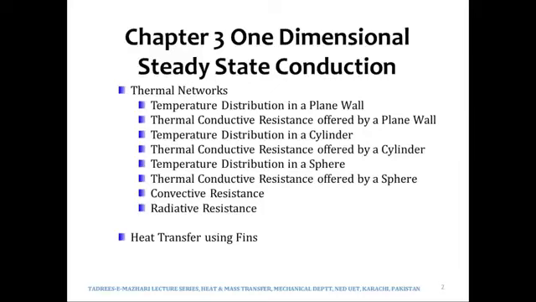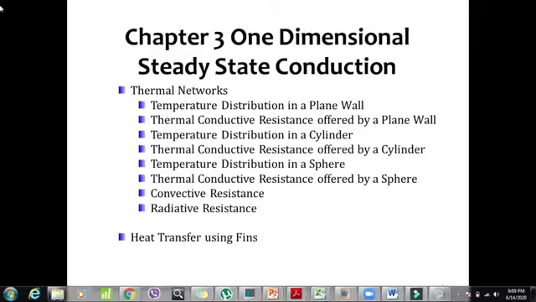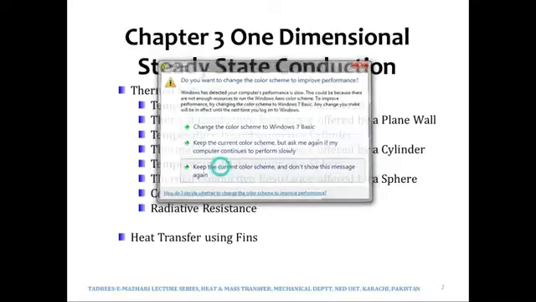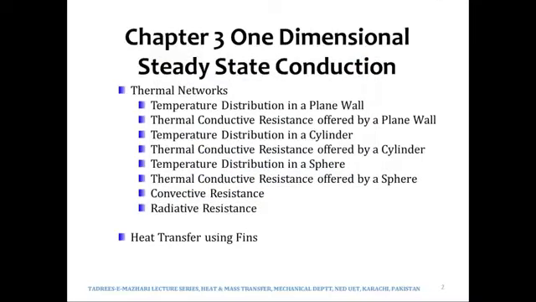First of all, conductive resistance in the case of a plane wall, meaning in the Cartesian coordinate system. Then we would be discussing the conductive resistance in cylindrical coordinate systems, and then in spherical coordinate systems. Along with the conductive resistances, we would also be discussing the convective resistance and the radiative resistance, whenever convection takes place and whenever radiation heat transfer takes place.